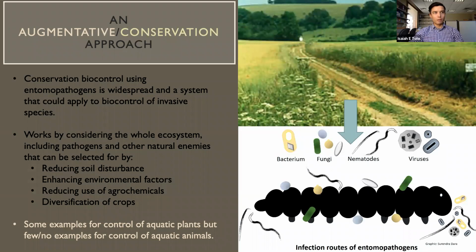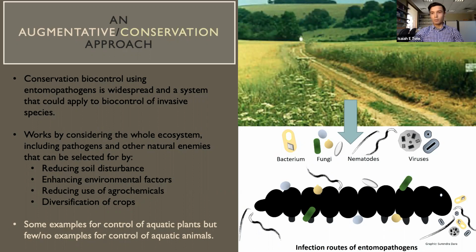And this is actually really widespread use in the United States for controlling pestiferous insects in the agriculture setting. This is what's called an augmentative or conservation approach, where you're looking for bacteria, fungi, nematodes, viruses, pathogens in the environment that are already there, and then trying to encourage them to control a pestiferous insect.